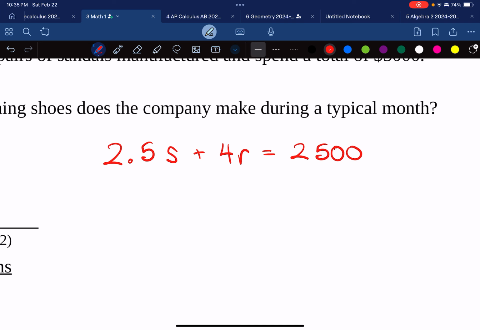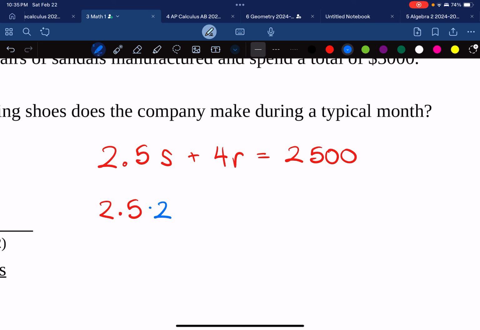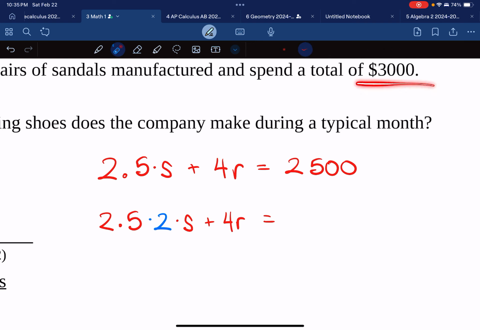So watch what I do. I'm gonna say 2.5 times 2. Technically this is times S, right? So times my curvaceous S plus 4R is equal to, instead of 2,500 now, it is this number up here of 3,000.